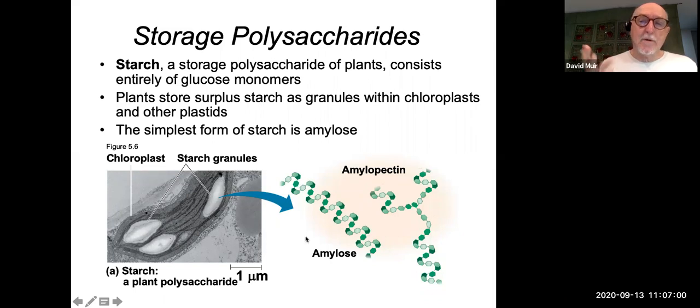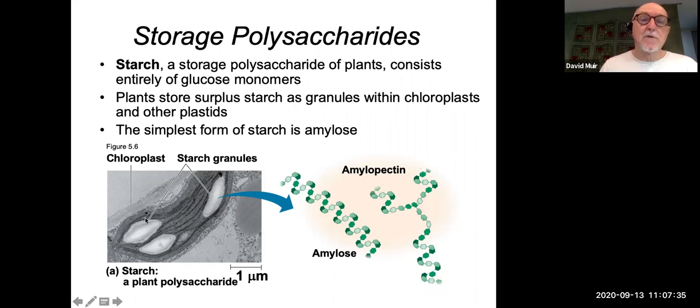Because it's insoluble, it starts to precipitate out. It's made, this is a chloroplast. This is a little organelle that performs the action of photosynthesis. And so inside the chloroplast, the plant will make glucose from photosynthesis and immediately start, if the cell doesn't need fuel, doesn't need glucose at that time, it will start putting the glucose together into a form of a starch molecule, and that will form grains inside the chloroplast.